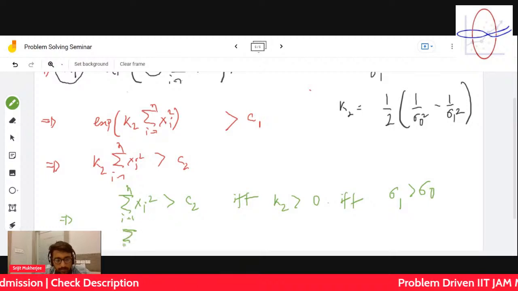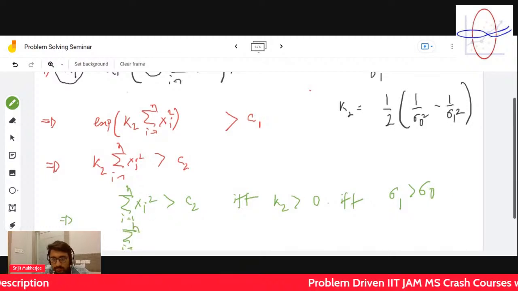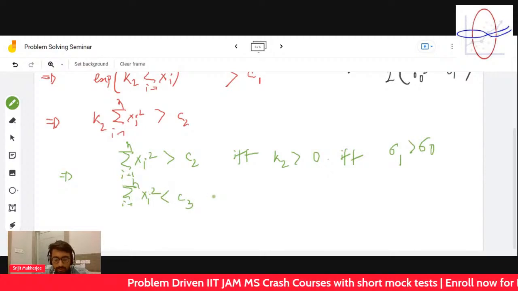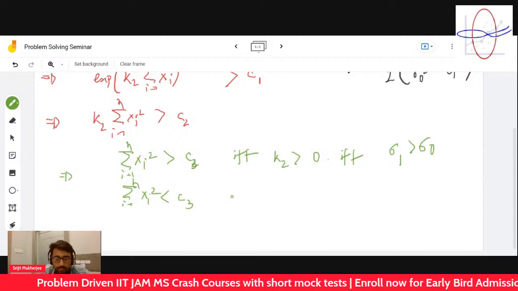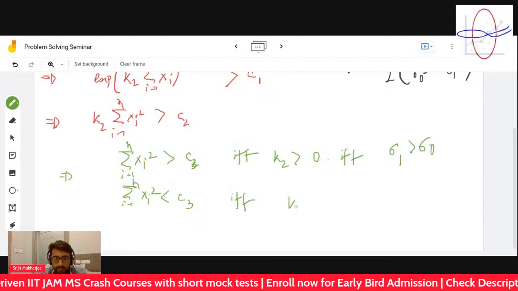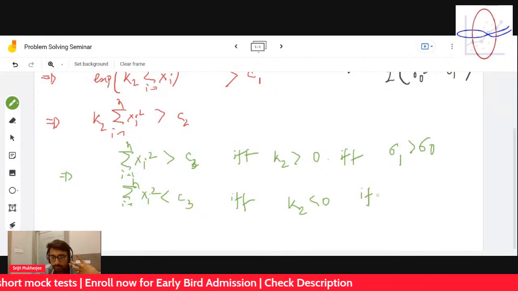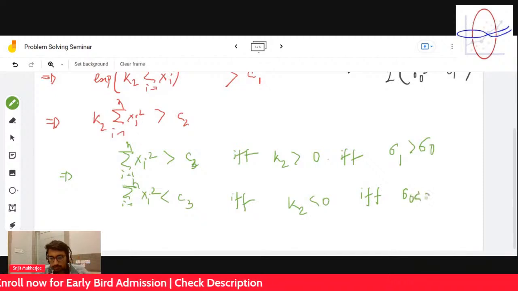And summation xi square, you reject it if this happens, C3, if and only if K2, because if K2 is negative, the sign changes, right? If and only if sigma naught is less than sigma 1. And it's very natural.